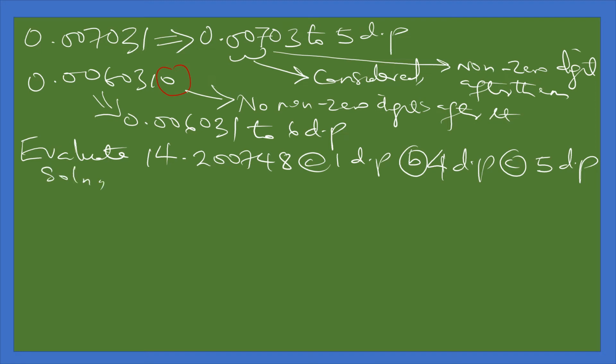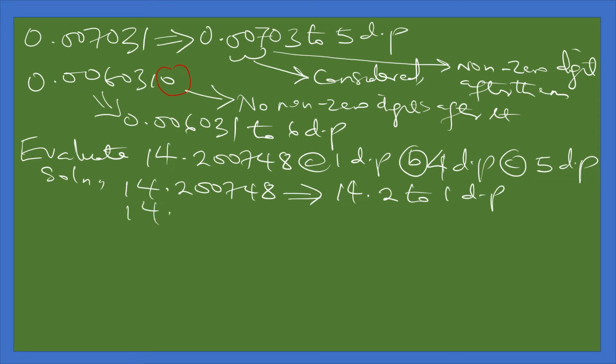Now, for the first one, they say to 1 decimal place. So 14.200748 to 1 decimal place, the answer will be what? 14.2 to 1 decimal place. Don't forget to write this. For the second case, the B, this is for A. For B, what do we have? The answer is going to be what?